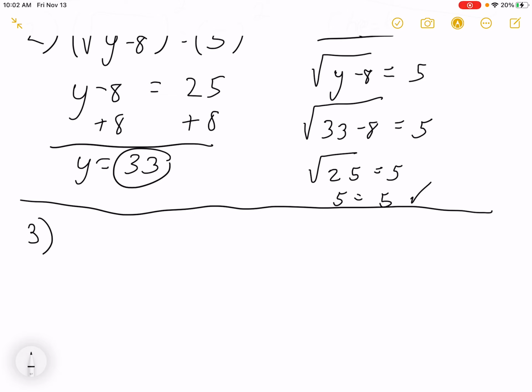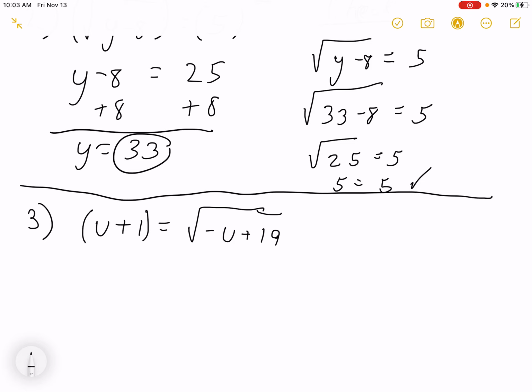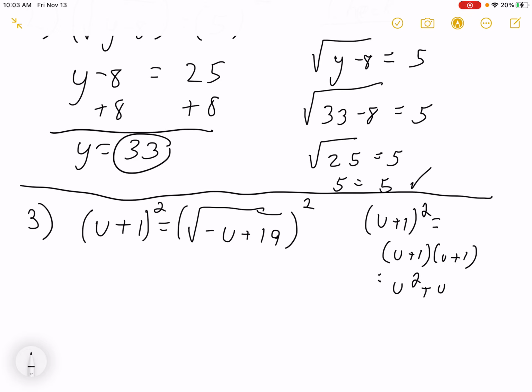Number 3, u plus 1 equals the square root of negative u plus 19. Again, we're going to square each side. In order to do u plus 1 squared, I'm just going to do this off to the side. It means u plus 1 multiplied by itself, which is u squared plus u plus u plus 1, which is u squared plus 2u plus 1.